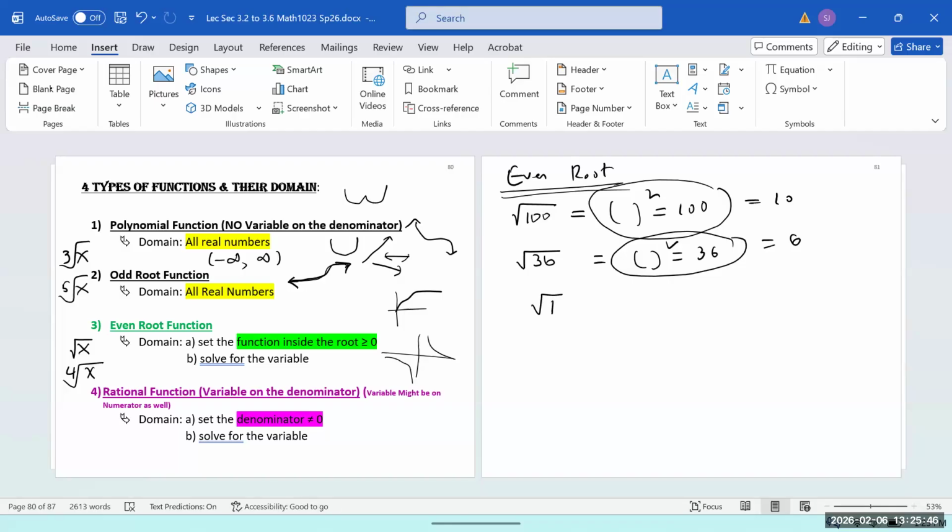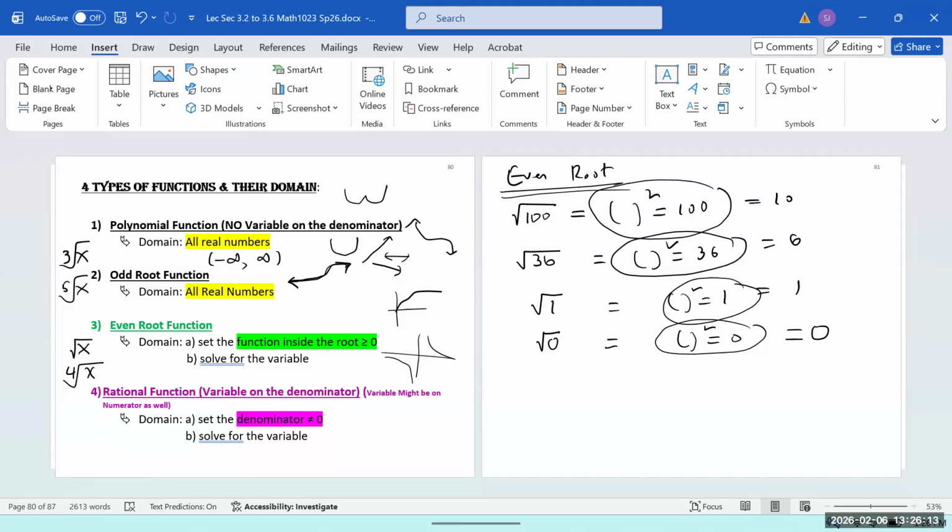What is square root of 1? Which number when you square the result is 1? 1. What is square root of 0? What number when you multiply twice turns into 0? Same number multiplied twice. 0.